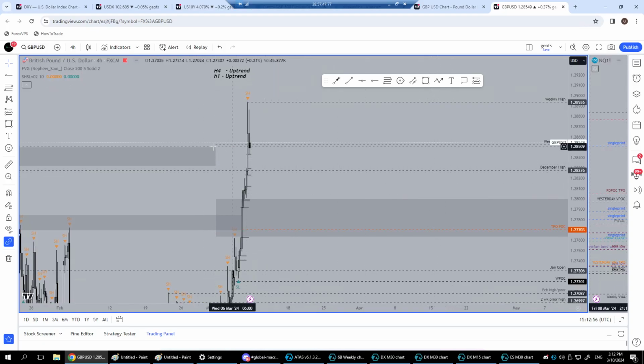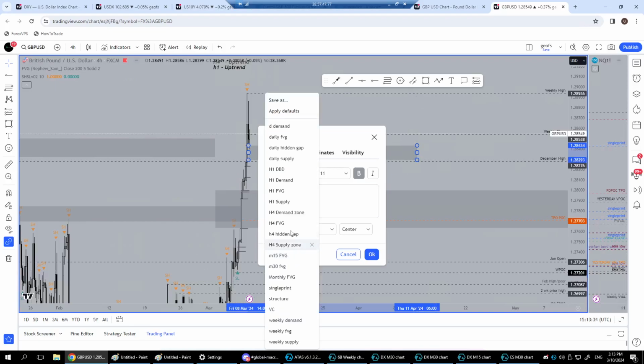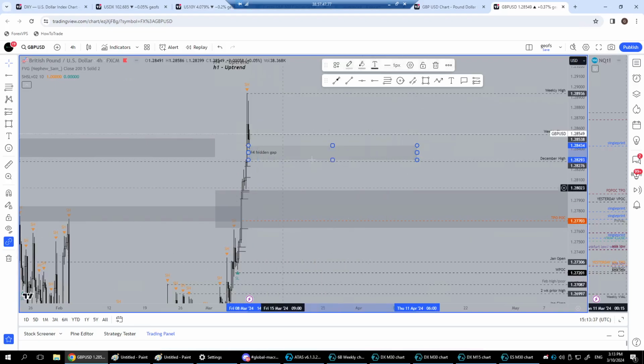They're all labeled. Oh, these are hidden gaps, so these should be noted as well. We should take note of all these.